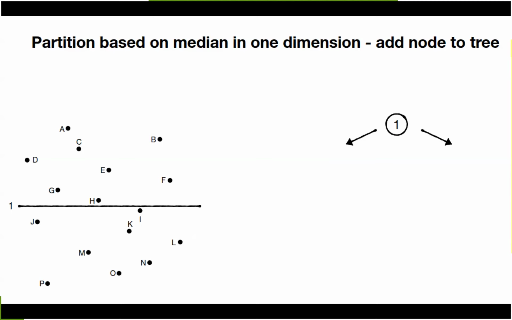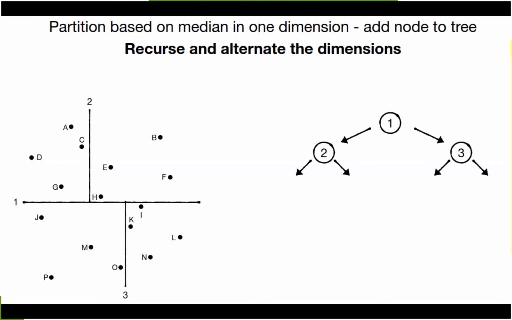Right now, line 1 is basically the line that separates the upper side and the lower side of our space. And the next level, again, we just recursively do that, but now for the other dimension, the vertical dimension.